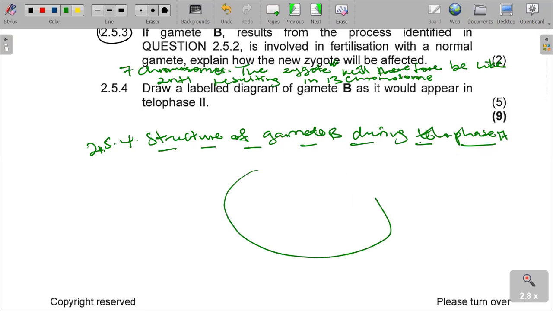We can have our diagram there, which has our cell membrane, of course, and then we also have our nuclear membrane that must be inside.